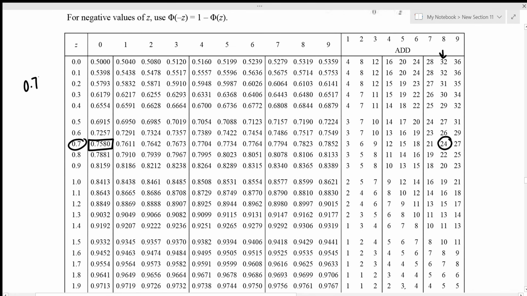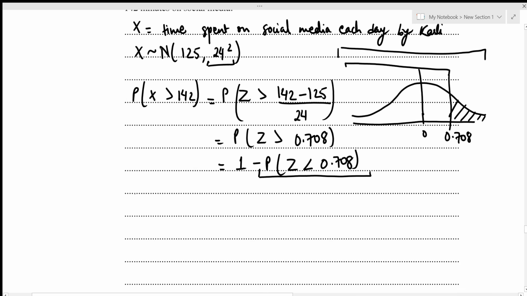That's 0.7580 plus 0.0024, which gives us the total probability of 0.7604. Alright, we're going to substitute this value. So we already figured out the probability to be 0.7604, so we're just substituting that. This gives us the final probability of 0.2396.